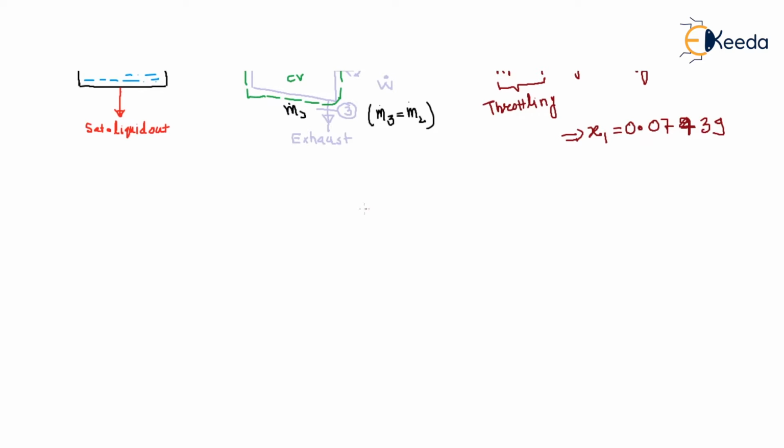Now what is the definition of dryness fraction? The dryness fraction x is the mass of the vapor to the total mass.